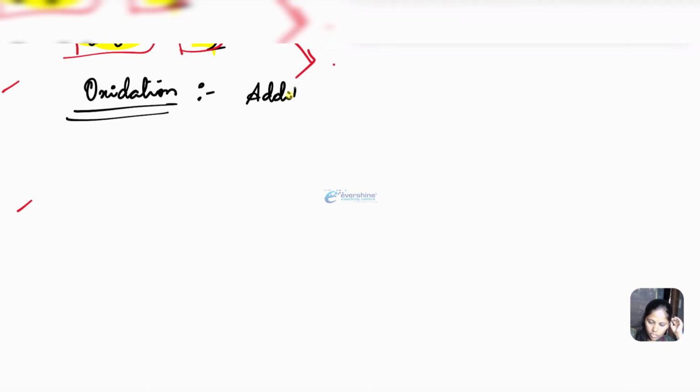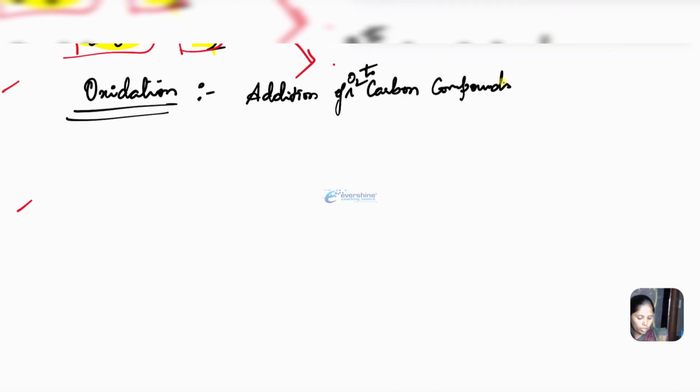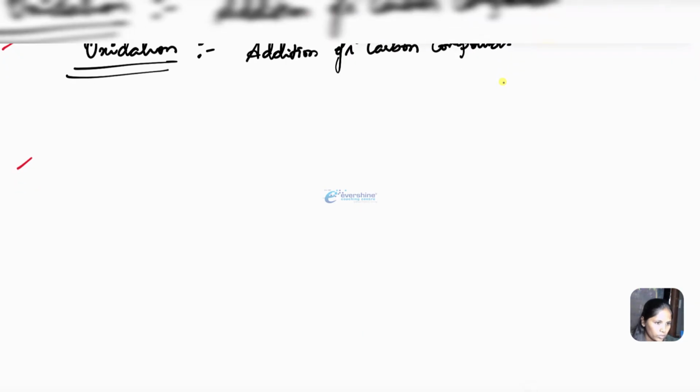Since we are studying carbon compounds, addition of oxygen to carbon compounds is called oxidation. So what happens when we add oxygen to carbon compounds, we will see.